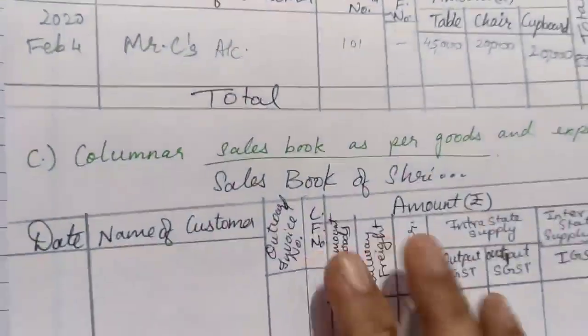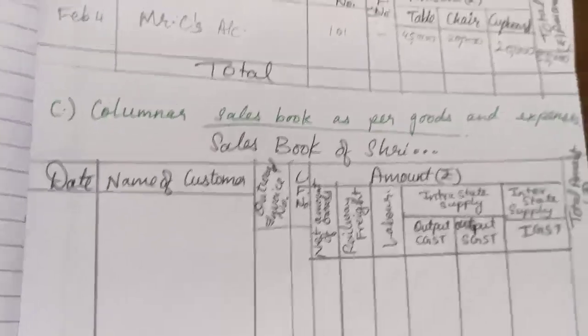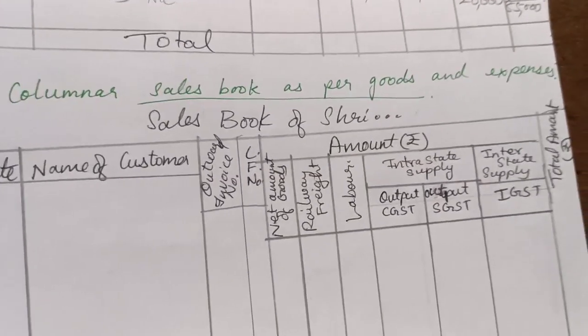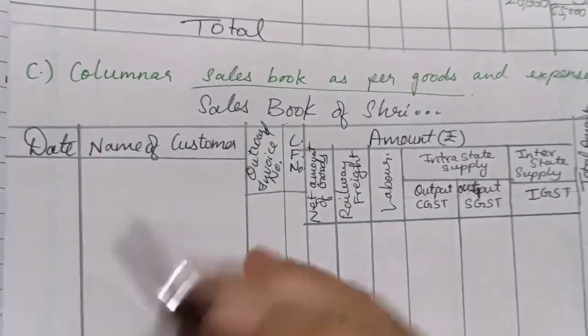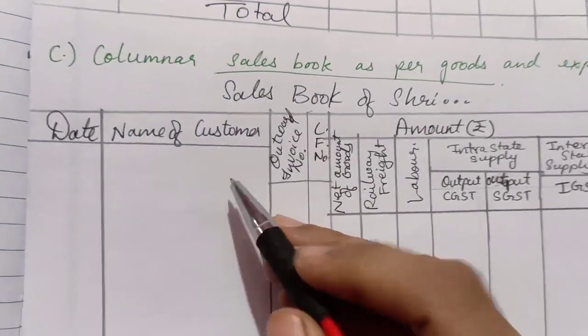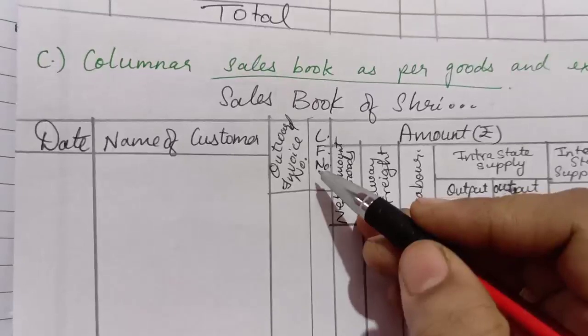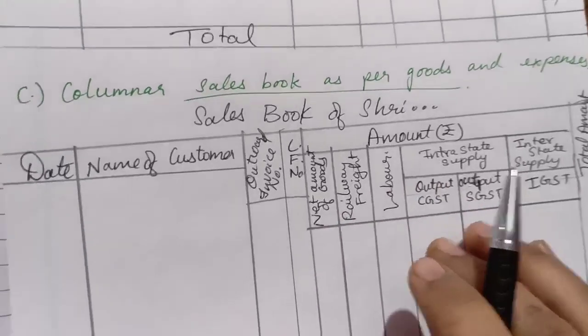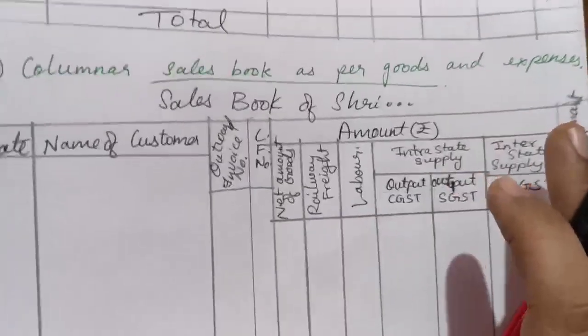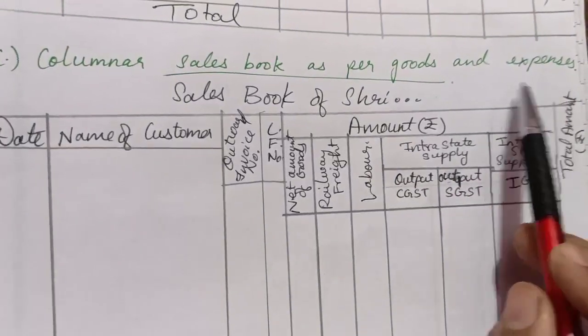Okay. Now the last type is the columnar sales book as per the goods and expenses. Here date as usual, the name of the customer, then outward invoice number, ledger folio number, total amount are same, but the bifurcation is here for the amount. Here the expenses are to be considered.